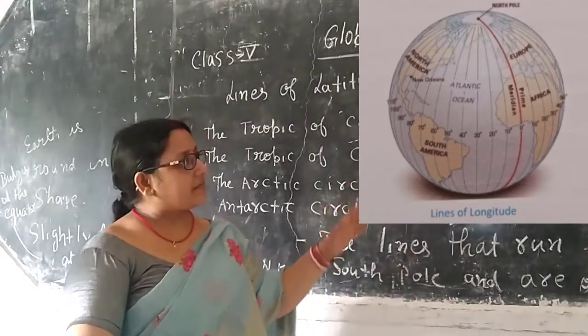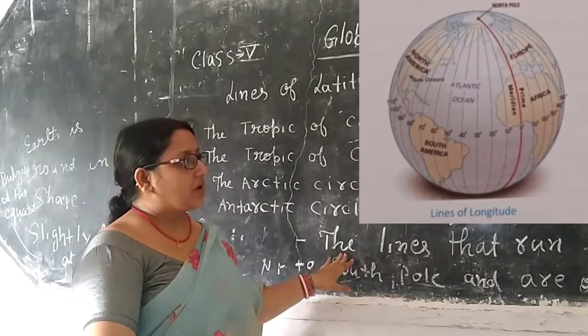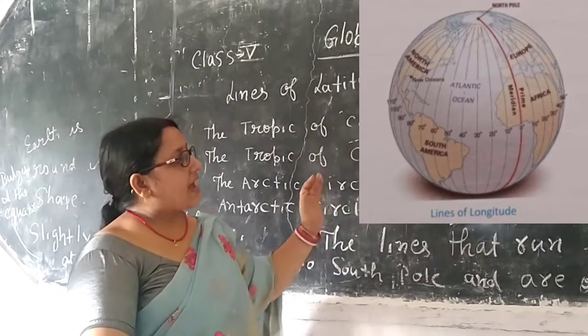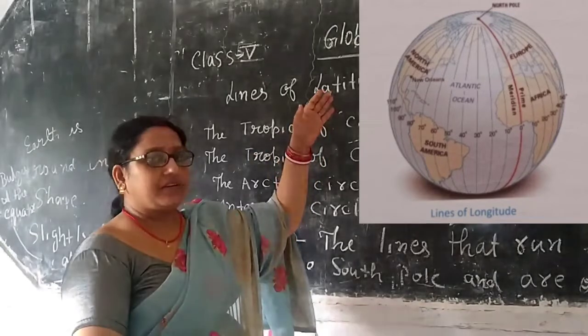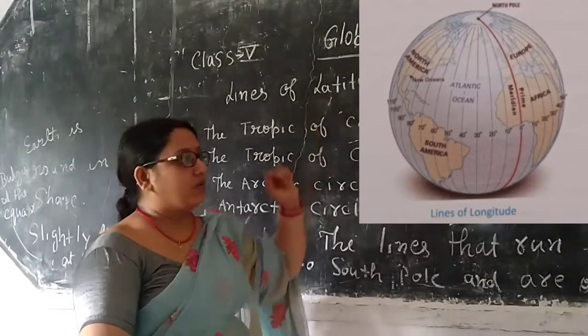This diagram is also very important for you. You can see that as we go higher and higher, the lines come closer together at the poles.